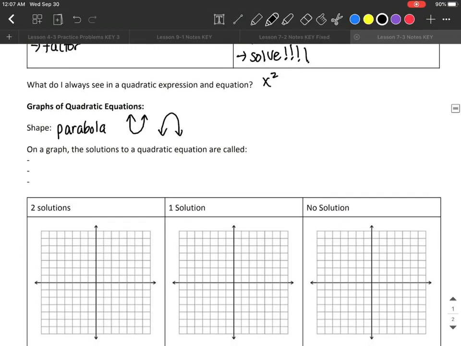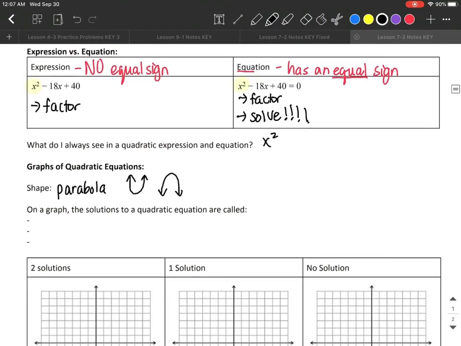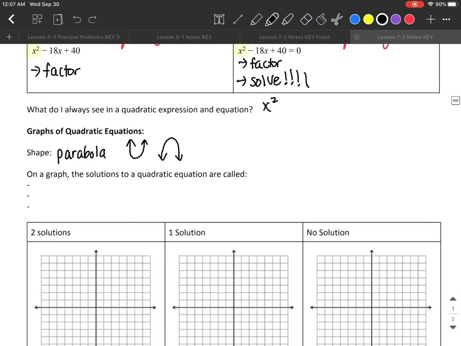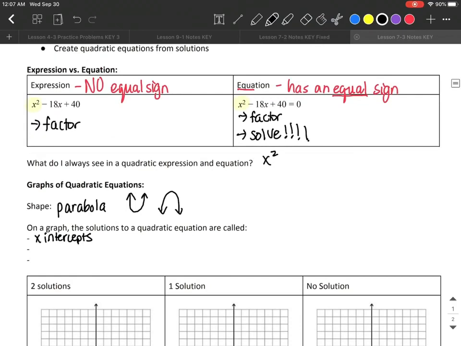On a graph, the solutions to a quadratic equation are called, and so what you would find x is equal to when you solve this thing, those are the x-intercepts. So that makes sense because you're asking, what does x have to be equal to for your output to be 0? Quadratic equations, you always want them to be equal to 0.